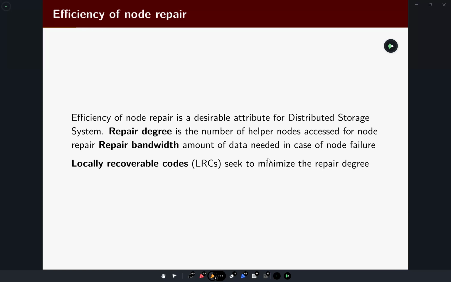In this presentation, we focus on locally recoverable codes. This means that we focus on the repair degree. And in fact, we will see how those are one of the best ways to minimize the repair degree.